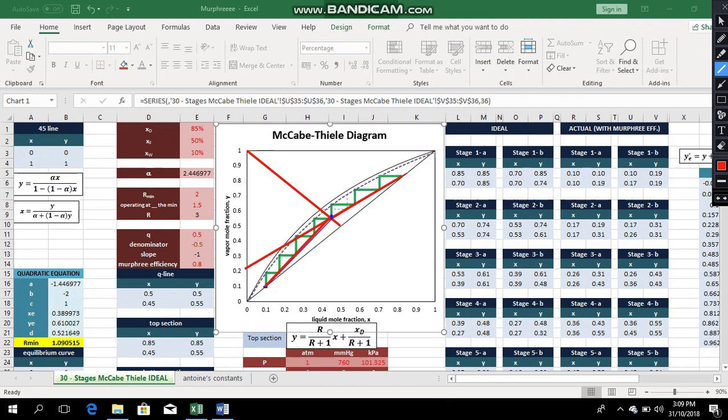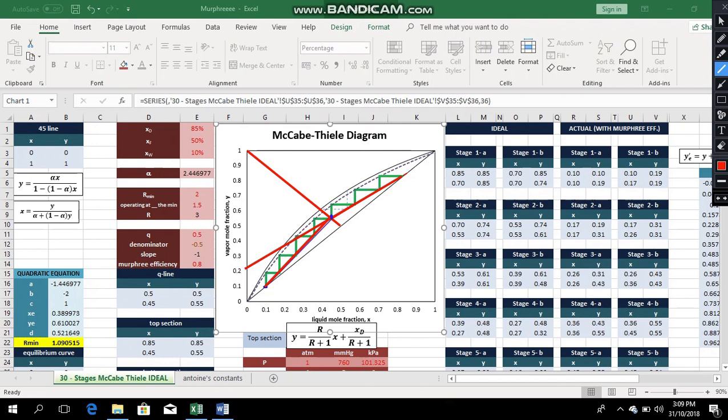So the intersection of the feed line and the operating line of the rectifying section is connected to the point of mole fraction of benzene in the bottom, 0.1 and 0.1. Here below, it is the point in the bottom, not in the distillate.